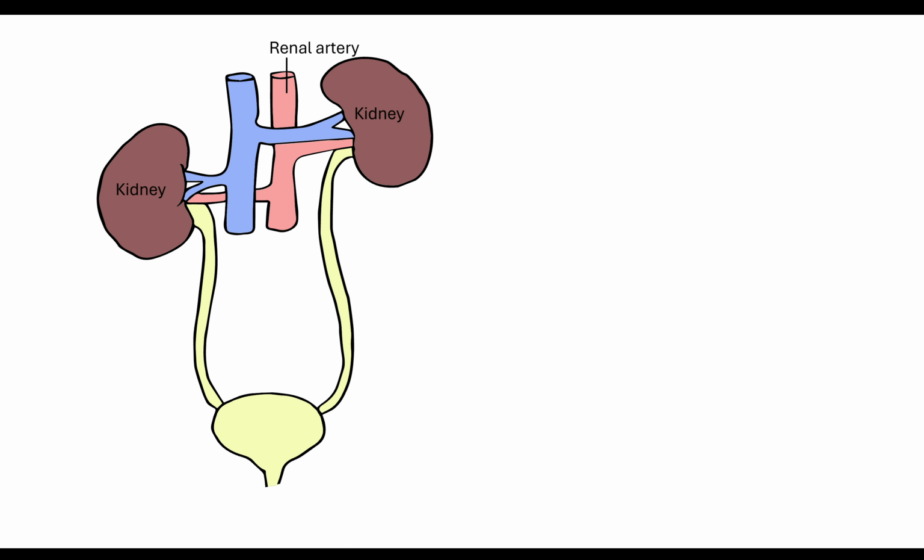So it's important that we note that the blood is being supplied to the kidneys via the renal artery, and the filtered blood that comes out will be taken back into circulation through what's known as the renal vein. So all of the substances that are going to be excreted will move from the kidneys down through the ureter into the bladder, where it's stored until we are ready to excrete it from the body, and we excrete it through the urethra.